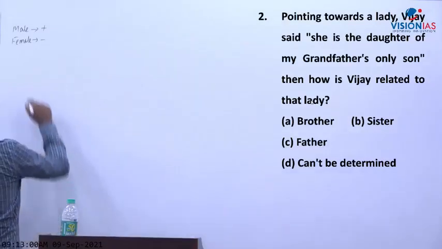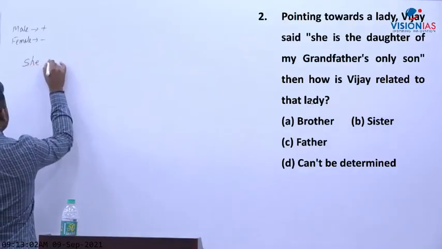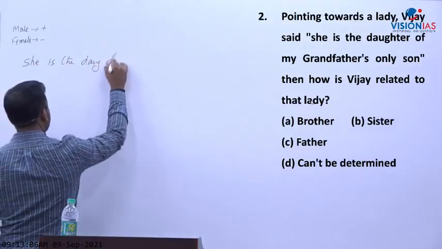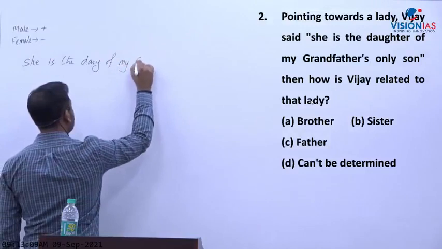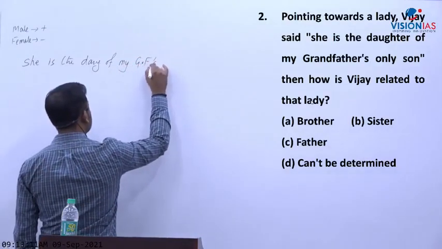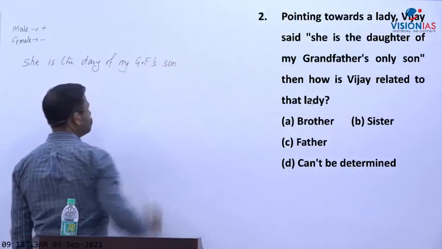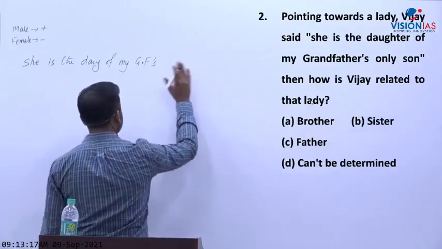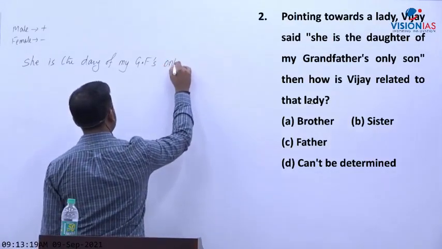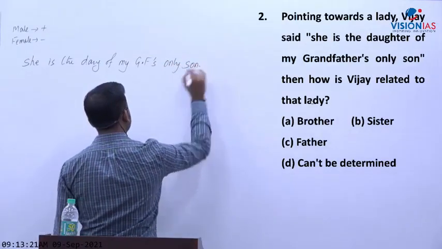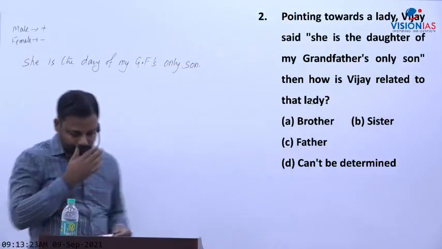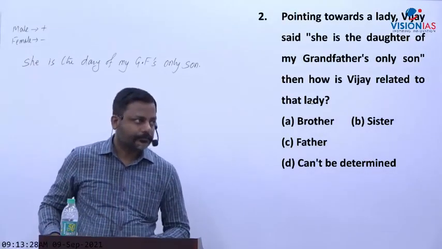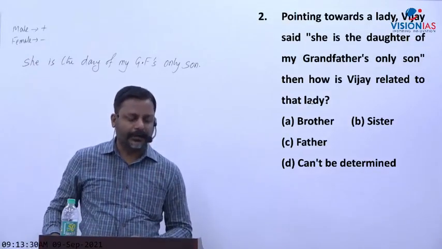So now, the statement is, she is the daughter of my grandfather's only son. Then how is Vijay related to that lady?